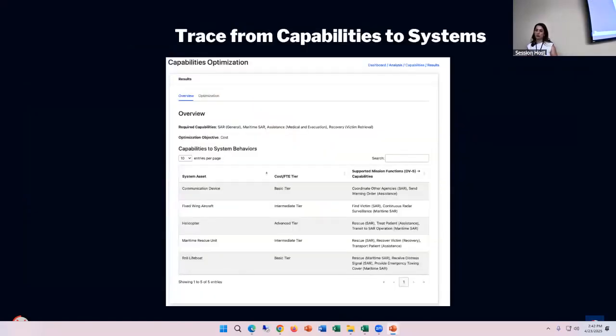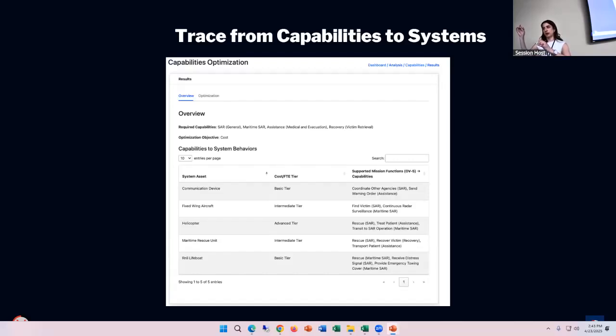And then the final tool that we have is the capability optimization tool. The capability optimization tool requires system architecture as an input. This could be provided within a DODAF model, where you have your system viewpoint in SV5B and your capability viewpoint in CV6, I think, where we have some type of mapping between the capabilities within the DODAF architecture and your systems.